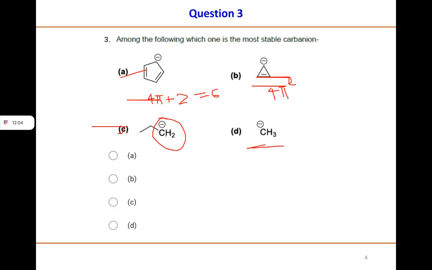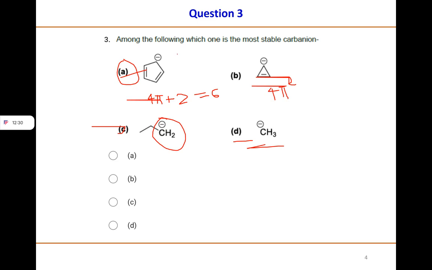Now let's see here. If we compare these, carbanion stability depends on primary, secondary, and so on. But here we have an aromatic system, A. Because of delocalization and aromaticity, this cyclopentadienyl carbanion is more stable among them.